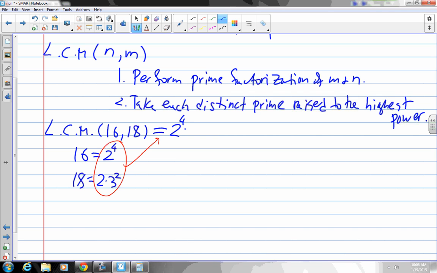I see a 3 is one of the factors. What is the highest power of 3? 2, so this is my LCM. You take everything to the highest power. So that's 16 times 9, so it's 144. So that is the least common multiple of 16 and 18.